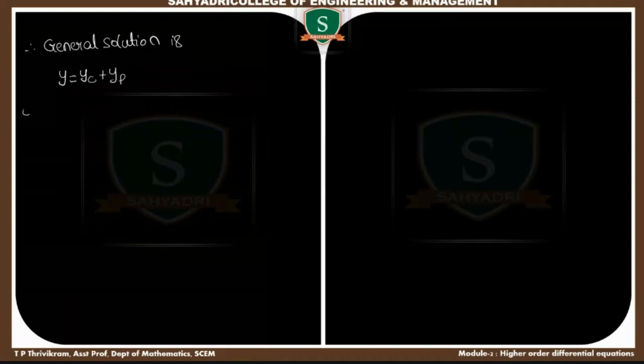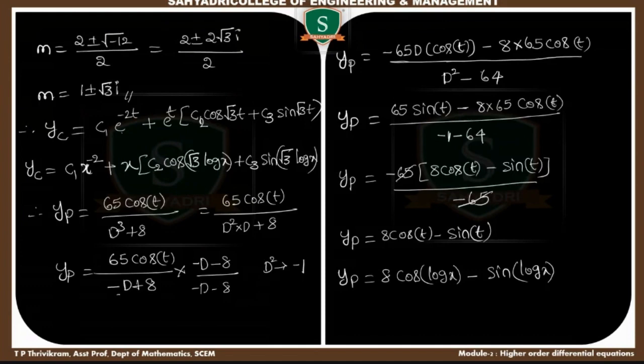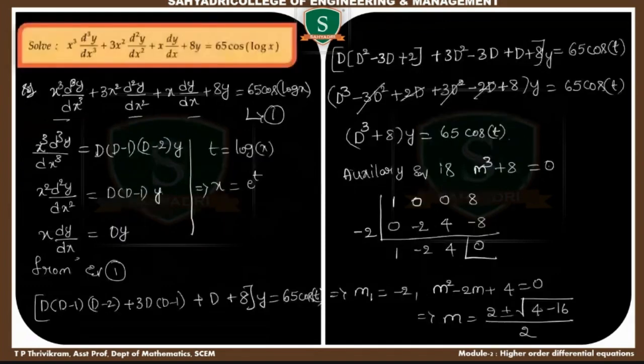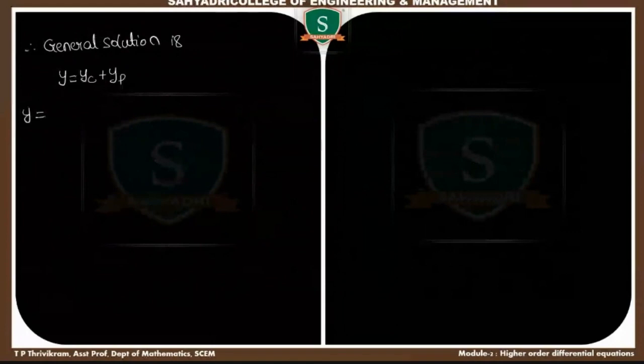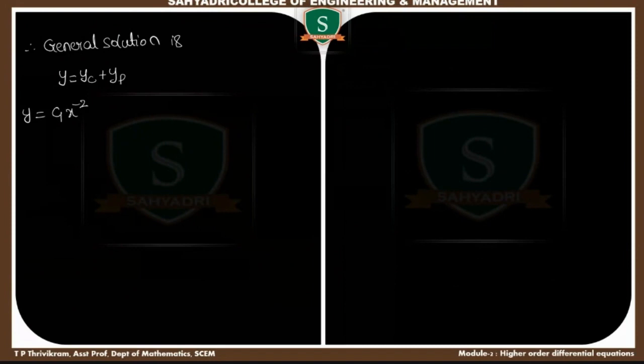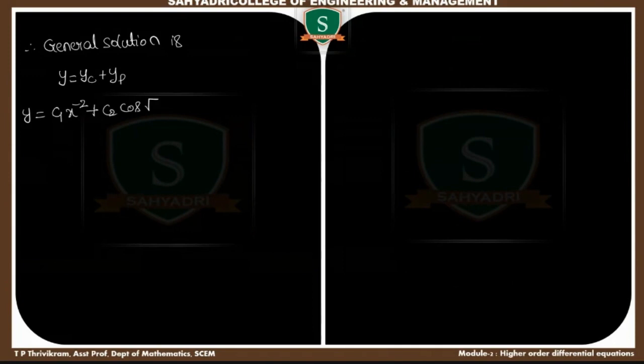Yc is quite a big solution: c1 x power minus 2, plus c2 cos root 3 log x plus c3 sin root 3 log x, into e power t means x, plus yp.